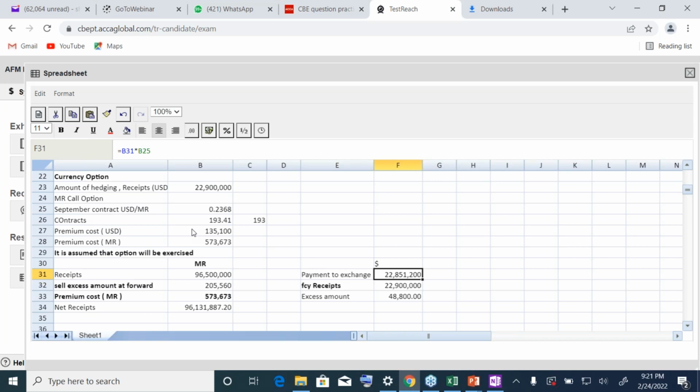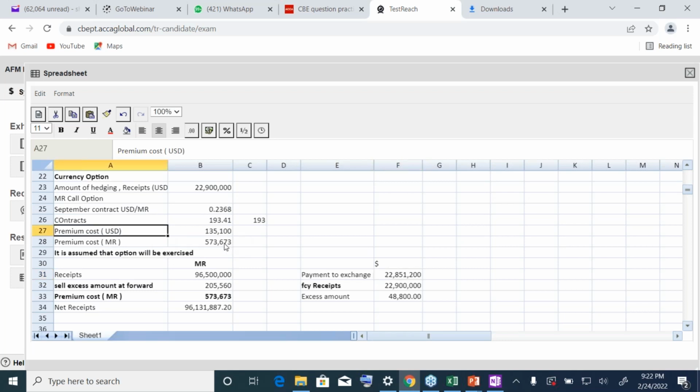Normally in options, overhedging and underhedging will be involved.